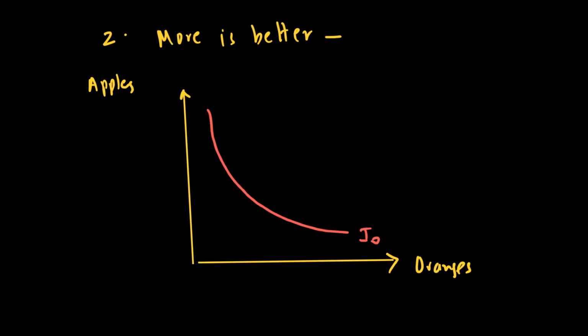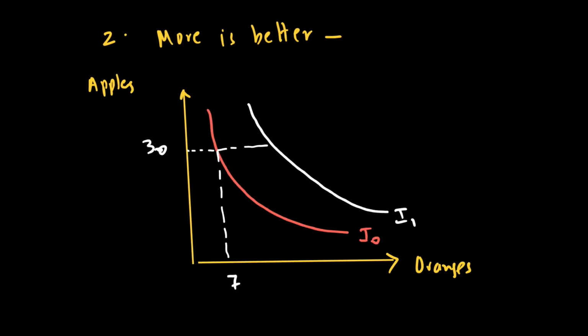But if more is better, this means any indifference curve to the right, like for example this indifference curve I1, will always result in a better satisfaction or utility level. Let's say if this was 30 and for example 7, and now for every 30 I can get for example 10 of oranges.